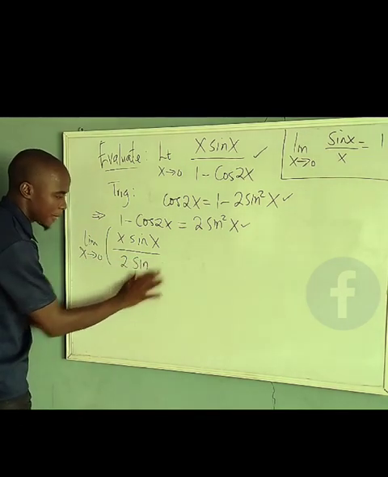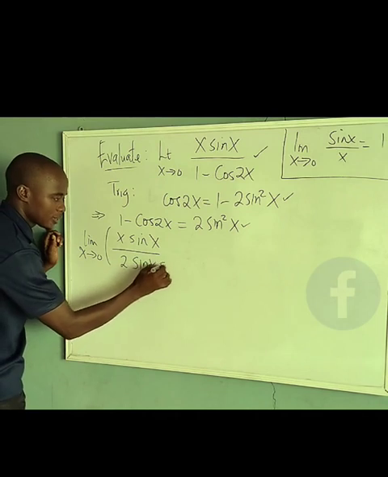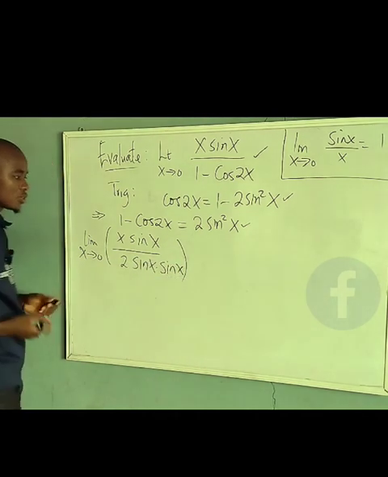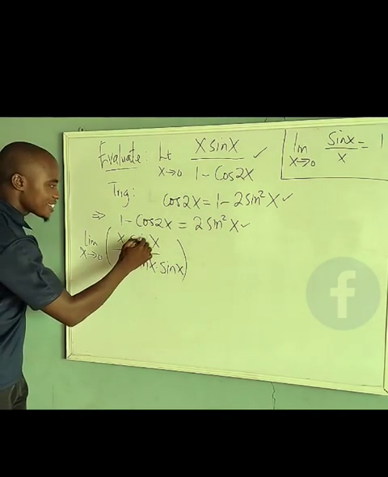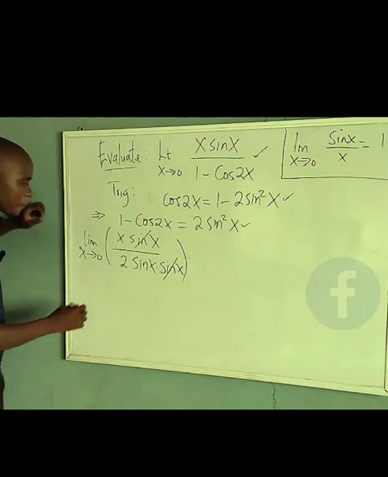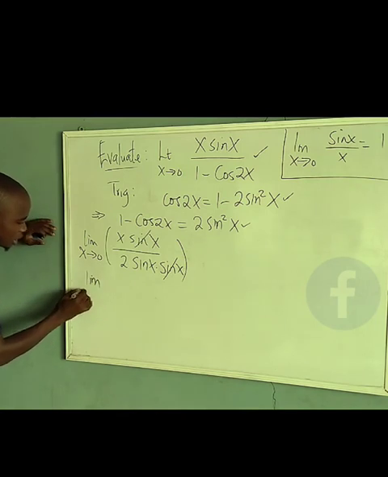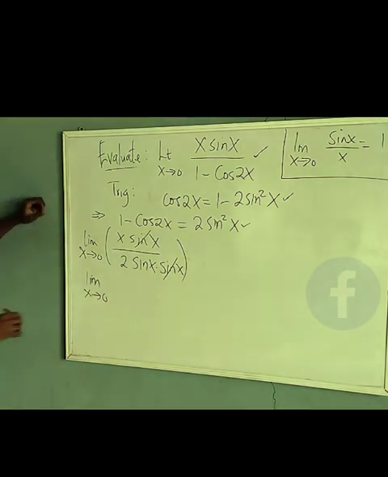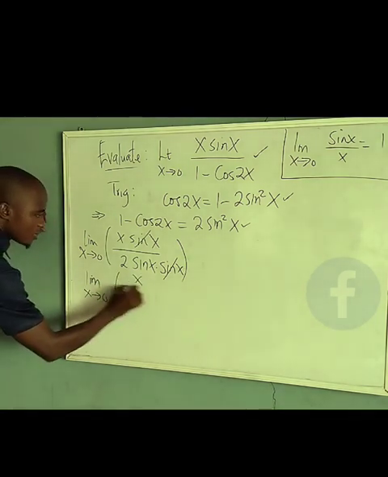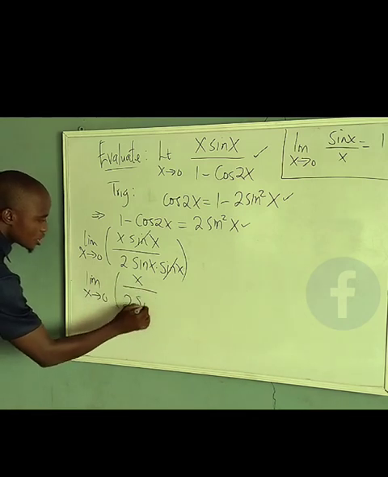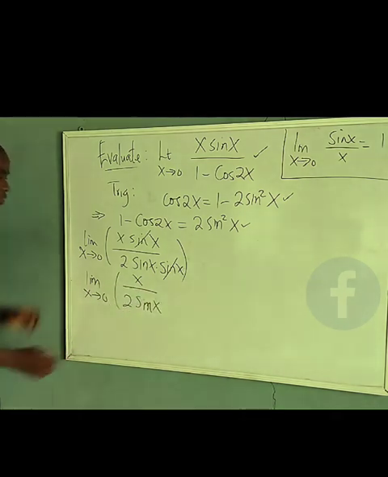So now from here, we cancel one sine, and we are going to have the limit as x tends to 0 of x over 2 sine x.